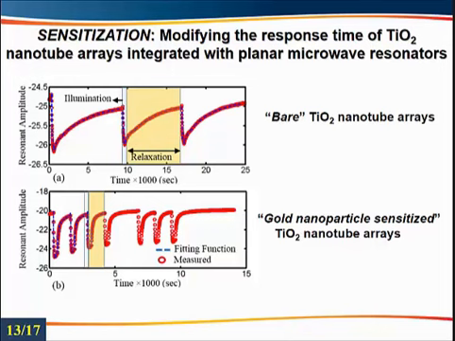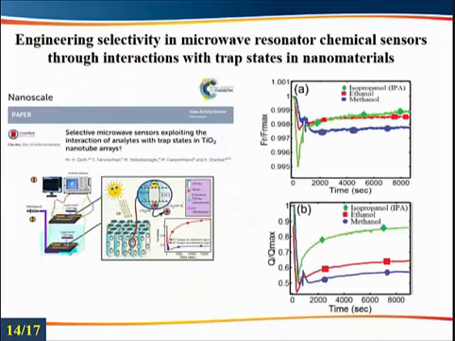Coming back to the issue of selectivity and traps, this was work we published earlier this year in Nanoscale, and I urge you to look it up if you're interested. We showed that because of the interaction of trapped states with different solvents in a unique manner, our microwave sensors, resonators integrated with these nanotubes, were able to distinguish between isopropanol, ethanol, and methanol. They had distinctive signatures based on their decay constants. The reason this is happening is that methanol, ethanol, and isopropanol are all hole scavengers.